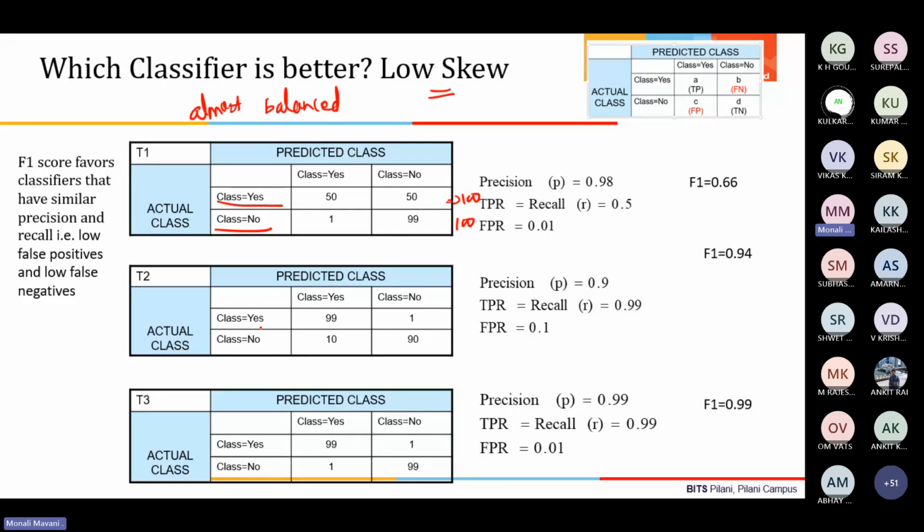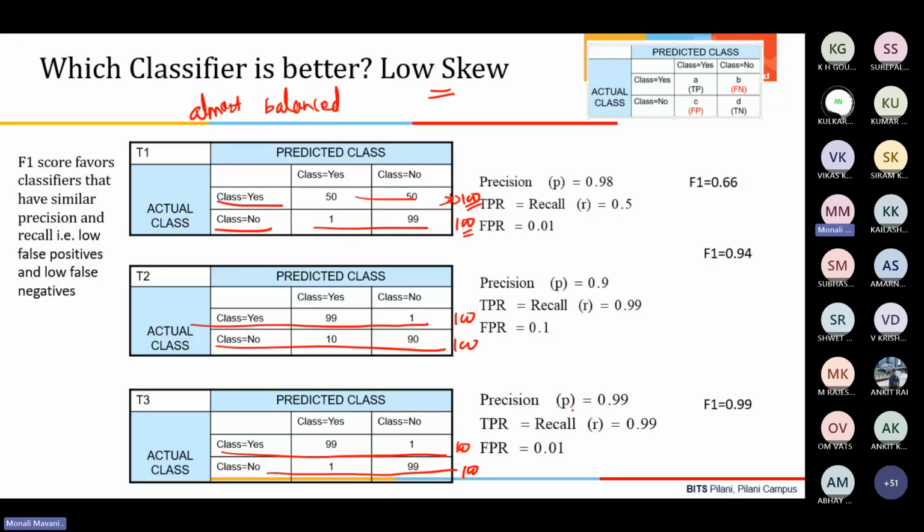In the second model also, actual class yes, again I have 100 examples, and actual class no, I have 100 examples. So they all are balanced. This is the balanced class set, very low skew. In this example, I have equal representation for the yes class and equal representation for the no class.